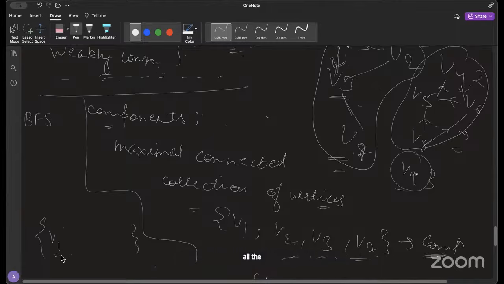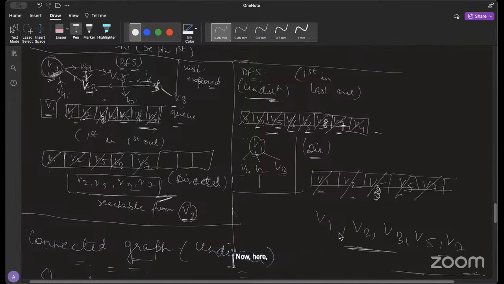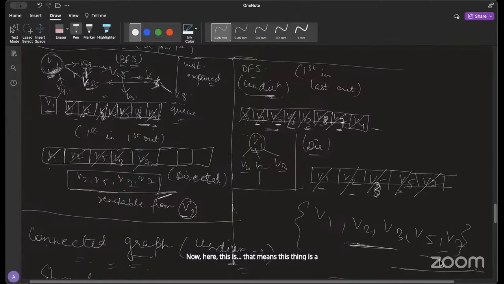All the vertices that can be reached from V1. And BFS exactly does the same thing. So you can figure out the components using the BFS approach or the DFS approach. Is that okay? Yes, ma'am. Okay, so like in the previous example, the one that we did in BFS, DFS, now here, that means this thing is a component, right?